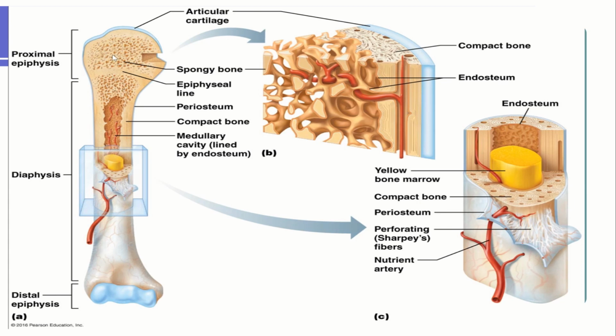And then you can see the spongy bone as well, and it allows for blood vessels to run through it. And you can see the difference here with compact bone as well. And then you can see the periosteum there. That's that coating that makes the bone look smooth.